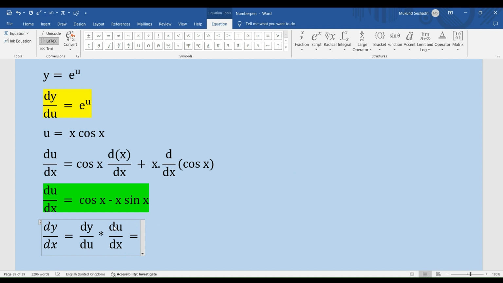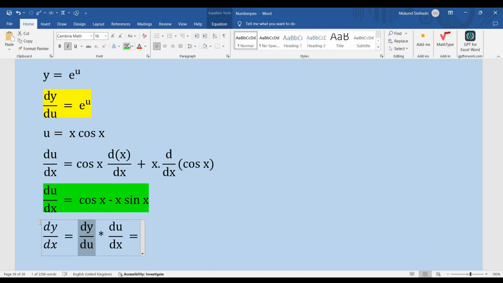And therefore, I know what is my dy by du, and I'm going to pick it up from the yellow expression which we have highlighted above. And we know what is our du by dx as well. And I'm going to pick it up from the green expression which we highlighted in the earlier step, right?